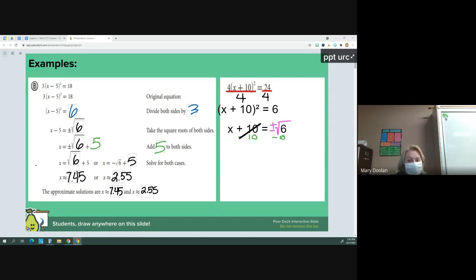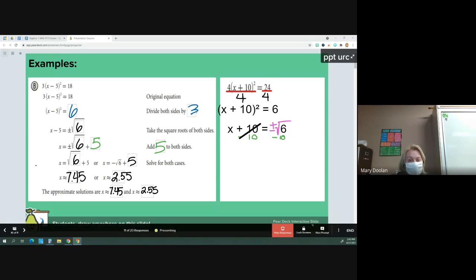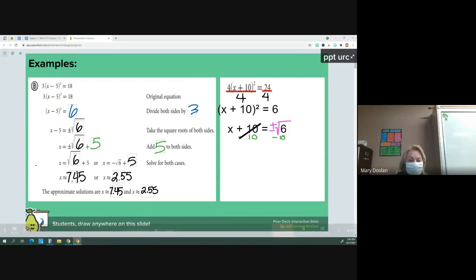Those go away. And so we are left with x equals... you want to make sure that the subtracting 10 is not under the square root symbol. It's separate from that. We can't just throw it in there.